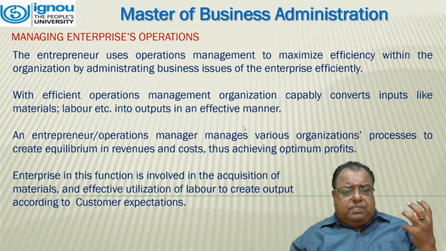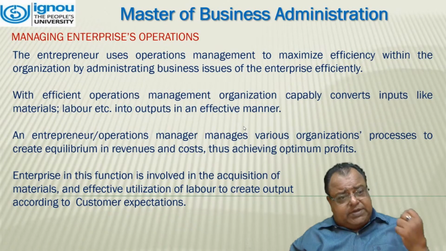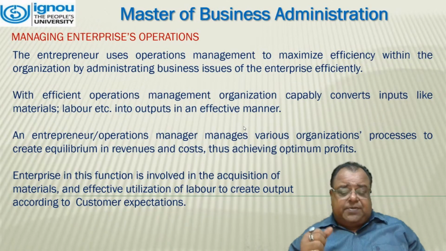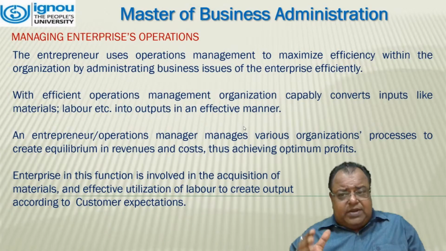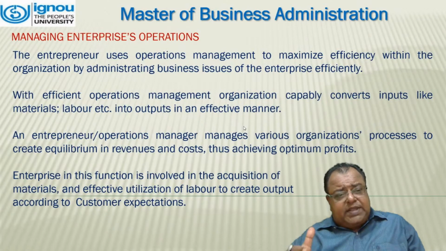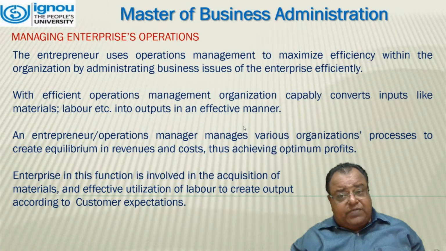How the enterprise operations are managed. That is, managing enterprise operations. The entrepreneur uses operations management to maximize efficiency within the organization by administrating business issues of the enterprise efficiently.